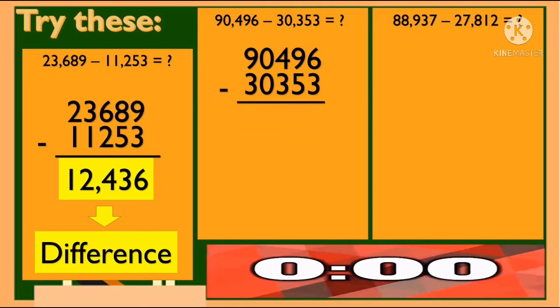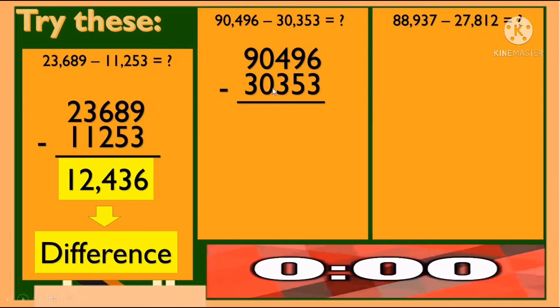Now let's proceed to our solution. A reminder again. Make sure that all the digits of the minuend are greater than the digits in the subtrahend. So you can use the subtraction of numbers without regrouping.